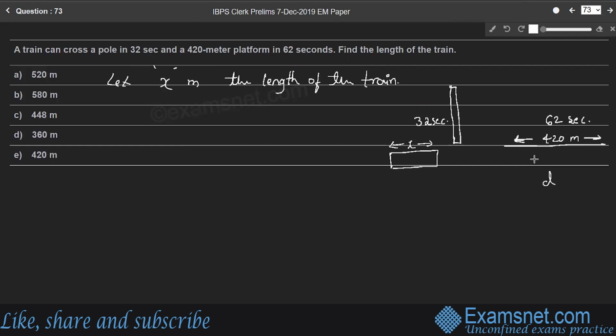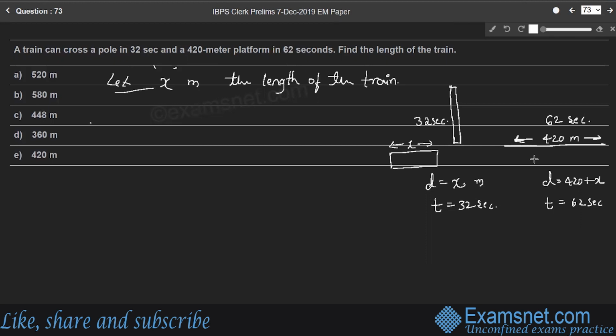So the distance becomes 420 plus the length of the train, and time is 62 seconds. Whereas here the distance becomes x, that is the length of the train, and time becomes 32 seconds. So let x be the length of the train.